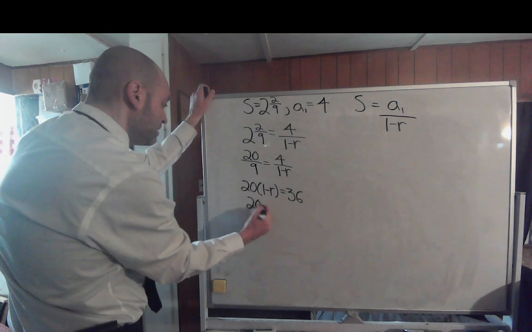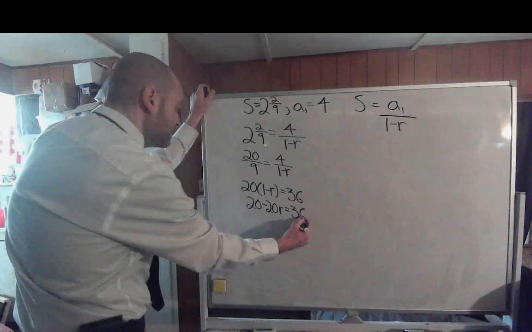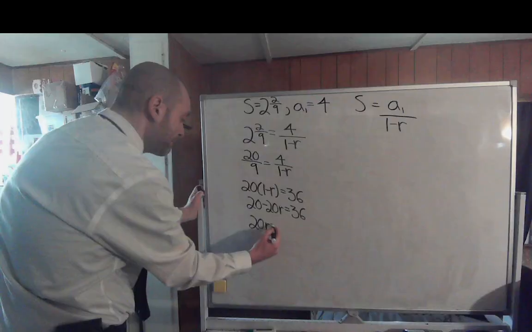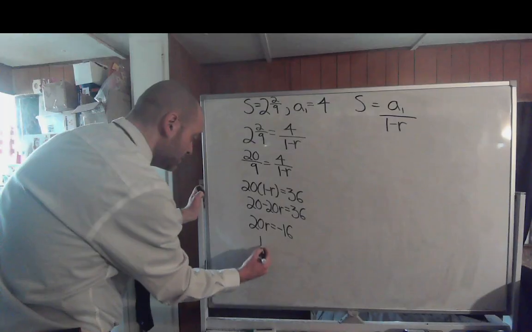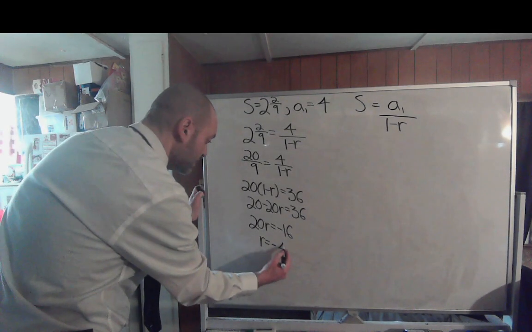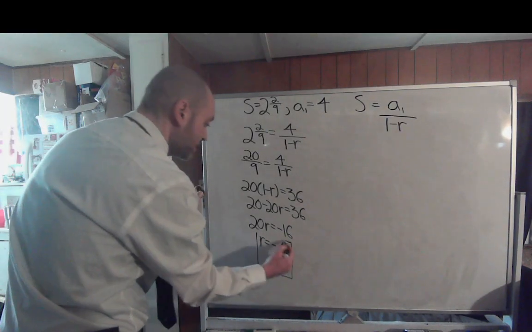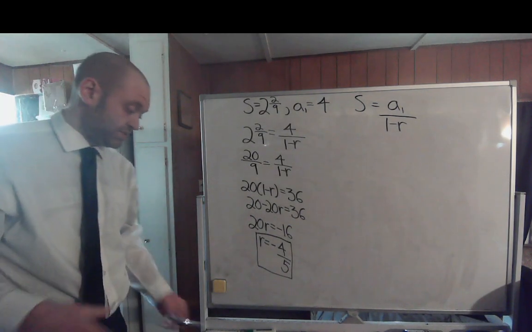So 20 minus 20r equals 36. So then 20r would equal negative 16. So r would equal negative 4/5. So the common ratio of this series would in fact be negative 4/5.